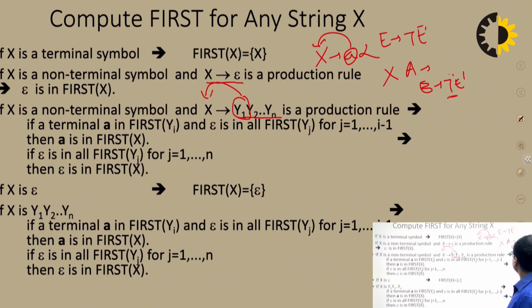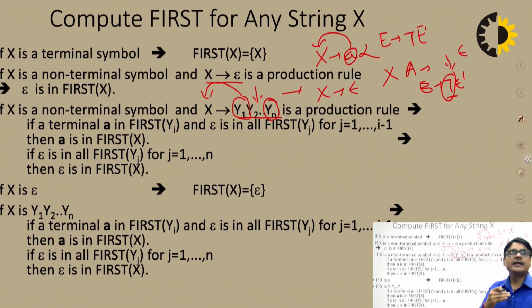So whatever the non-epsilon first of T is, meaning epsilon is not there, all those values are inserted into first of capital E. Suppose Y1 derives epsilon, then you have to take the non-epsilon first of Y2 and add it into X. Till Yn, you have to check it. If Yn also derives epsilon, then you have to add epsilon, because it is converted into X produces epsilon.